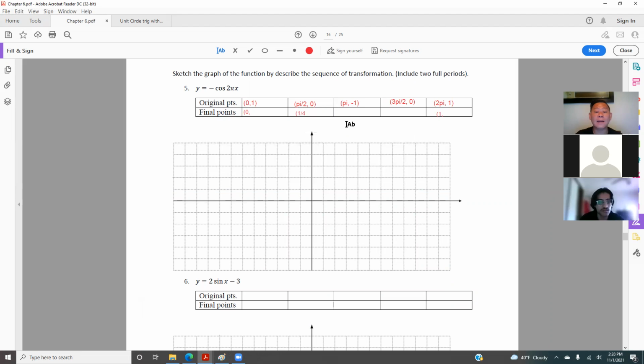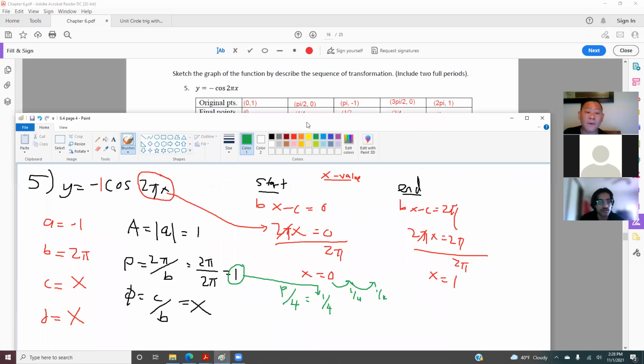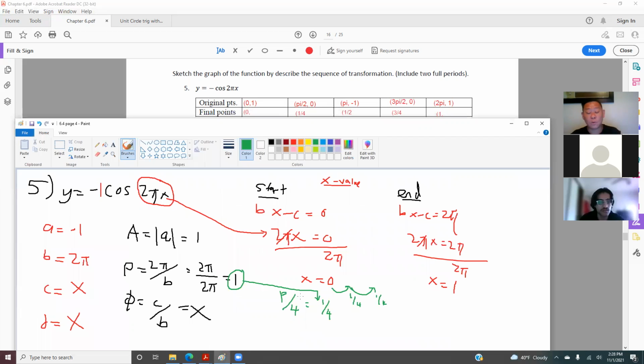And then you add another 1/4, 1/4 plus 1/4 is 1/2. And then 1/2 plus 1/4 is 3/4, and then 3/4 plus a quarter is 1. The reason why we divide the period by 4 is because we have 4 quadrants, so we add a quarter each. Okay, and that's how you get your x values.